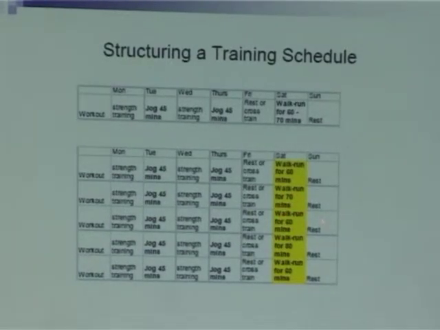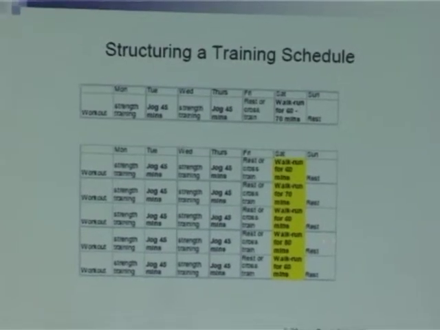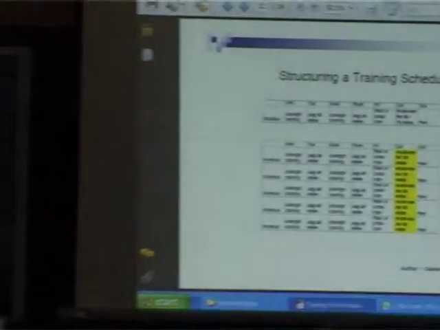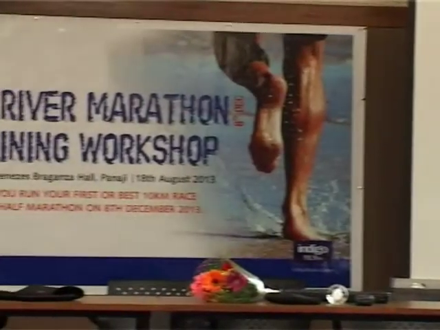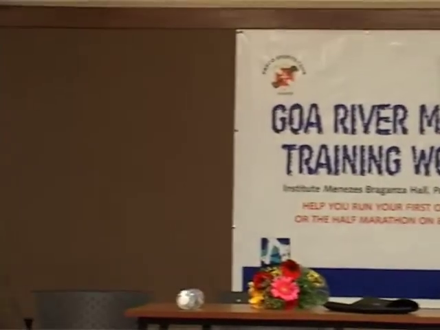It means you are giving yourself an overload, right? Now, for your body to adapt to this overload from 60 to 70, you need to make sure that you allow time for adaptation, like we spoke about Hans Selye's general adaptation syndrome. You allow that time by making sure that the following Saturday you drop your run to 60 minutes.